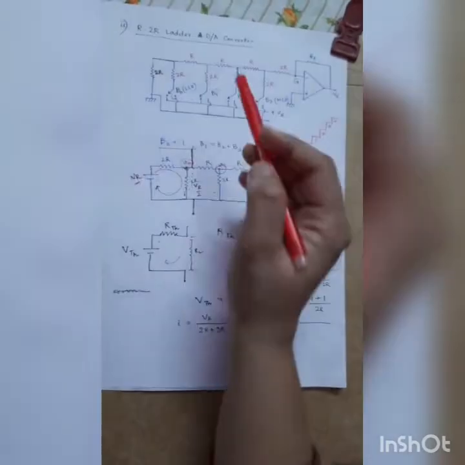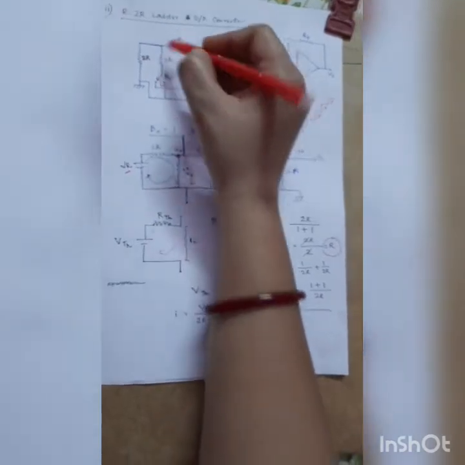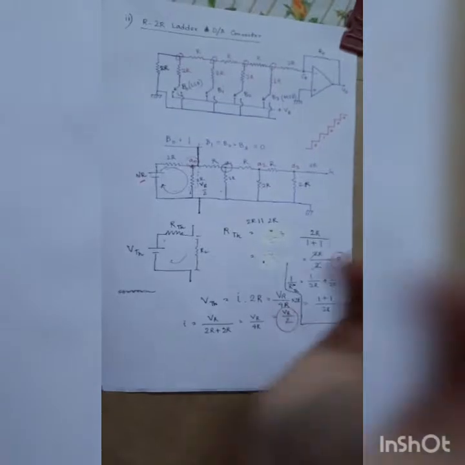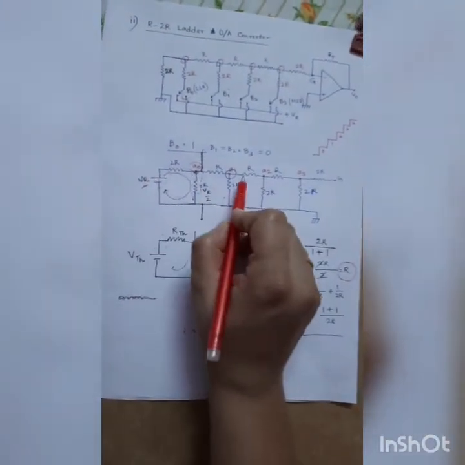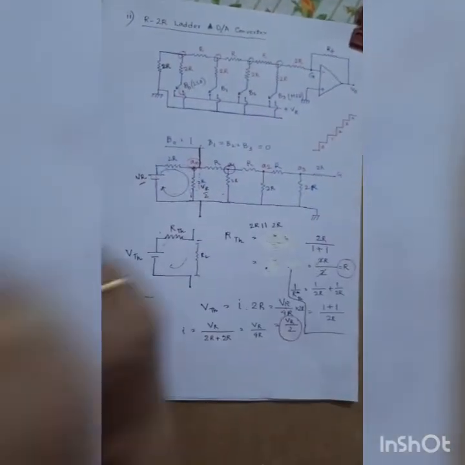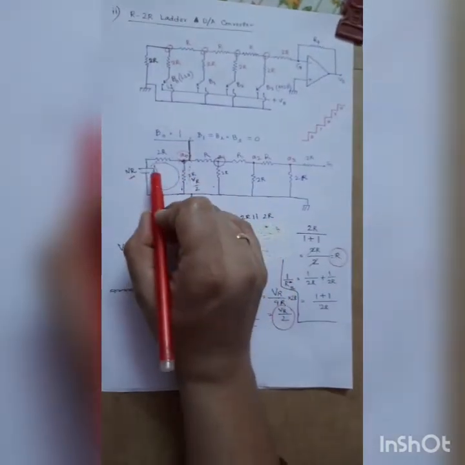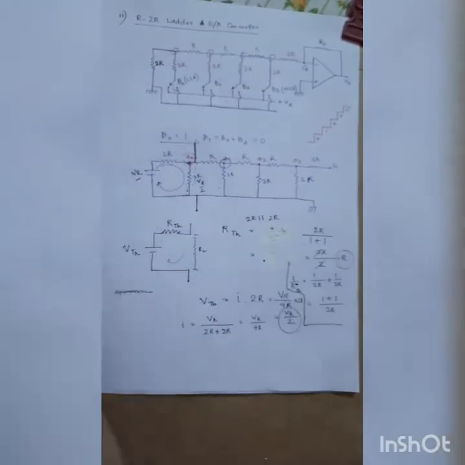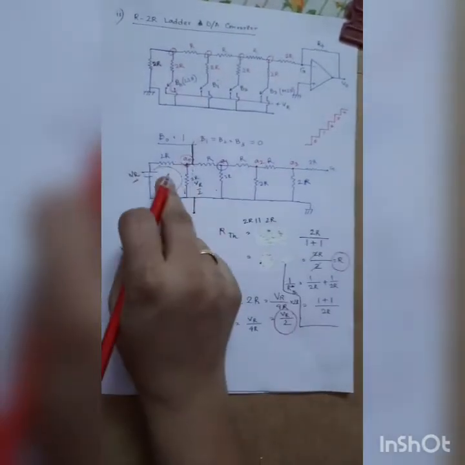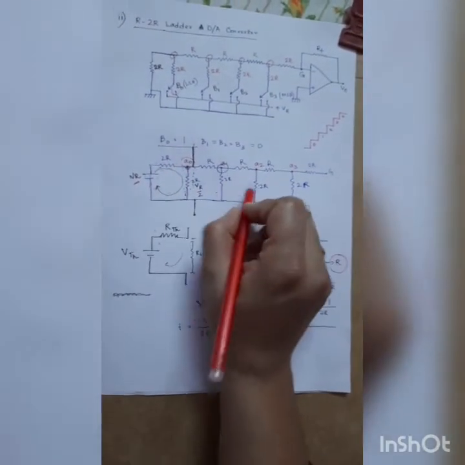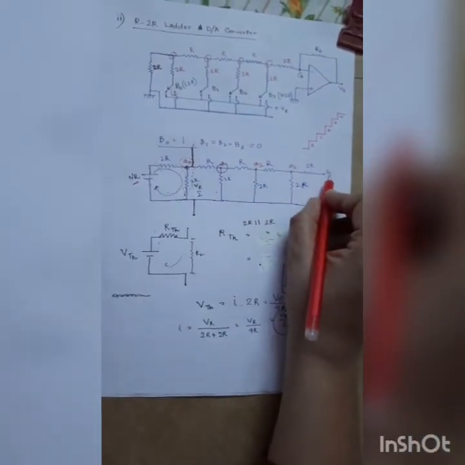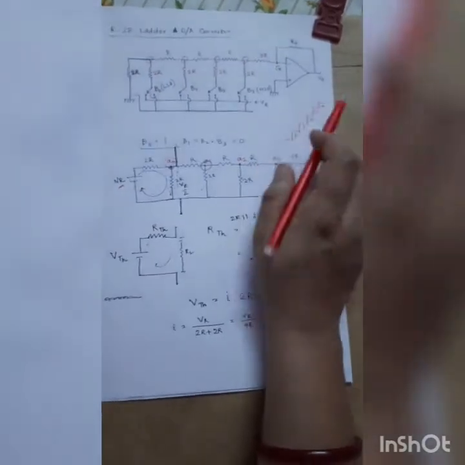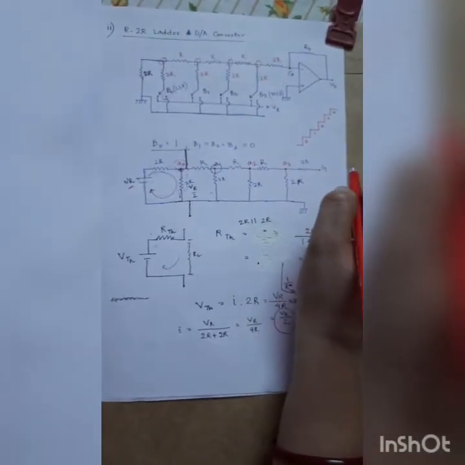Now, all these different points are named differently as A0, A1, A2, A3. And we will see what will be the total resistance of this overall circuit, from which the current will pass through G and then through the feedback path to V0, the output terminal.